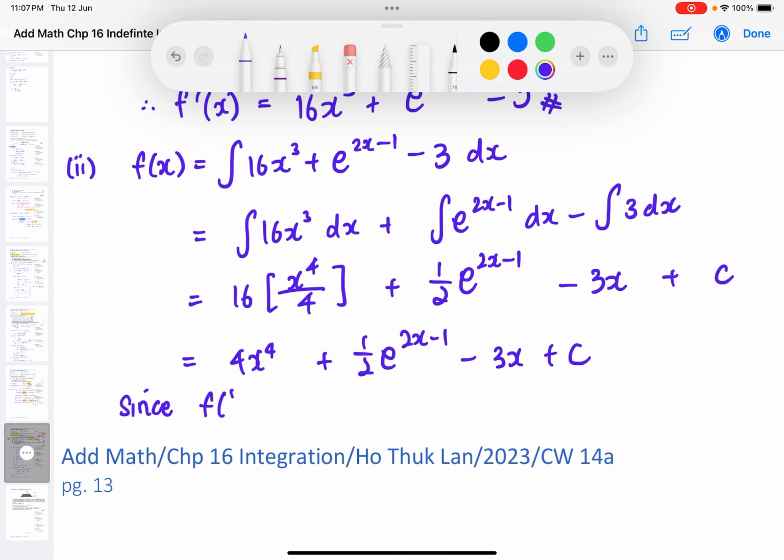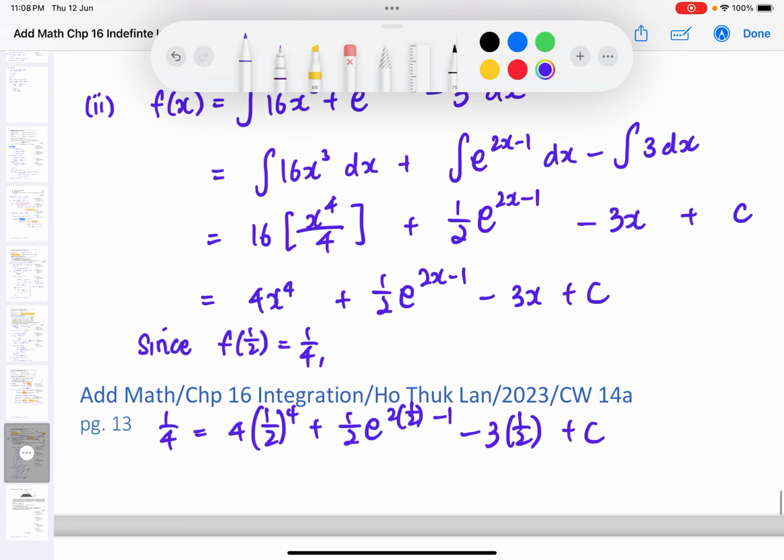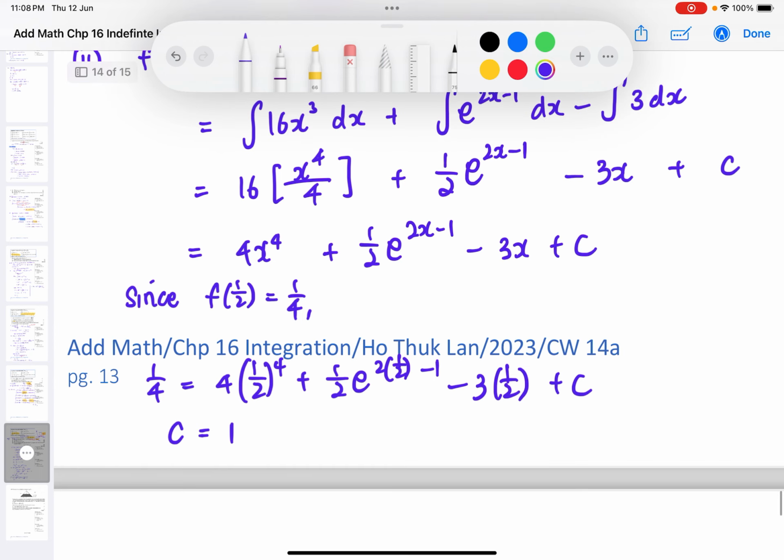Since f of half is 1/4, I can then sub in and solve for my c. When you solve for this, you should get c to be 1. Alright, and then you can get the answer.